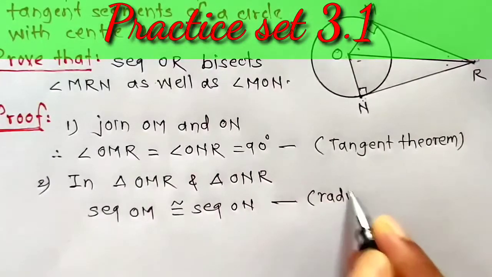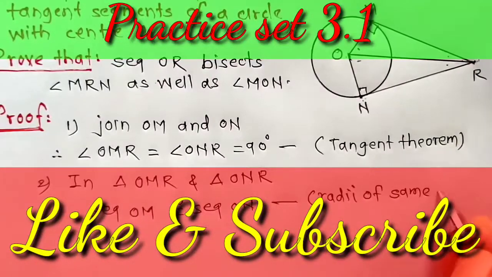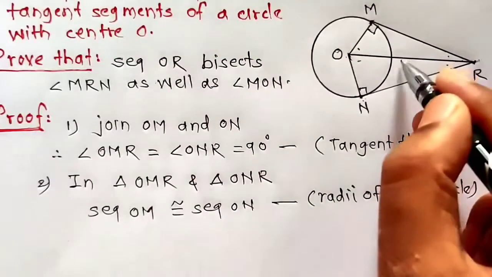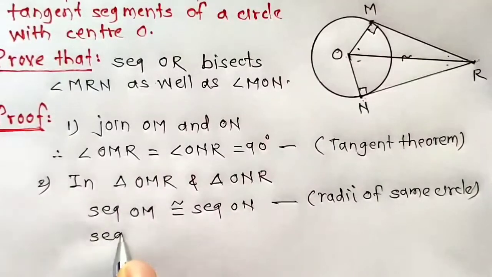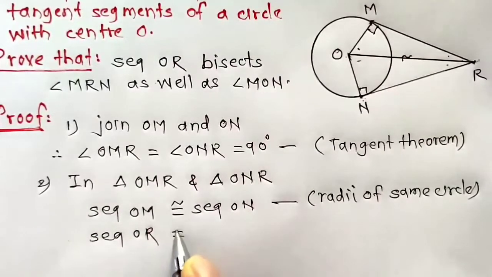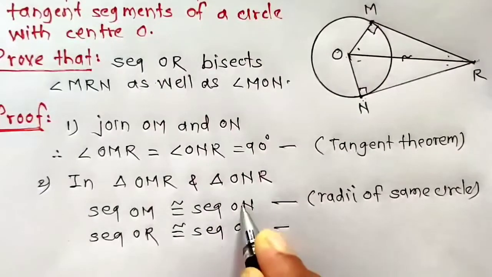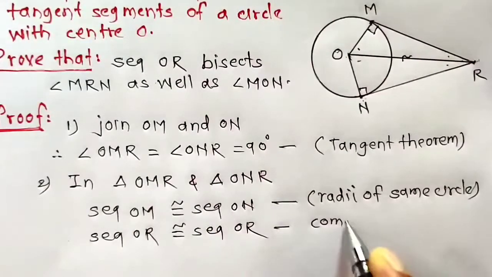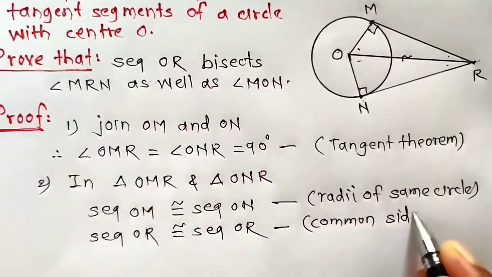Radii of the same circle. So radii of the same circle are congruent. Segment OR is congruent to segment OR. Here it is a common side.